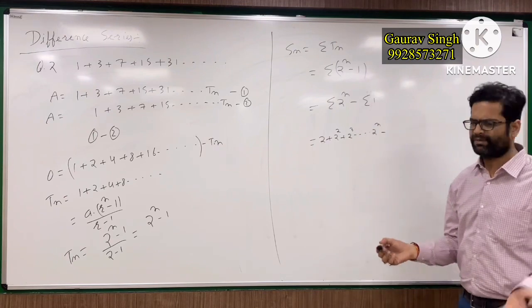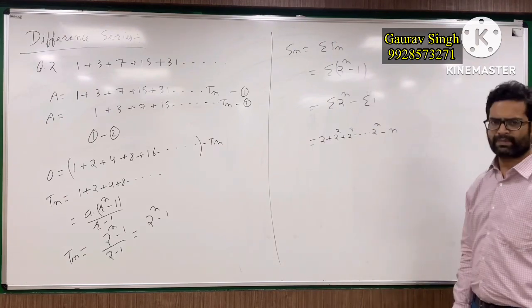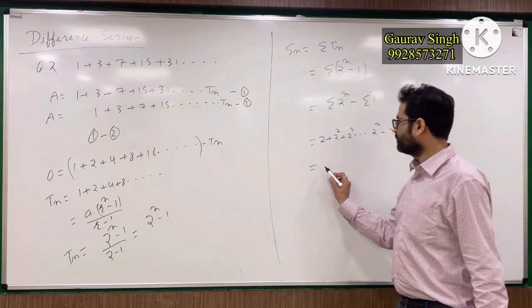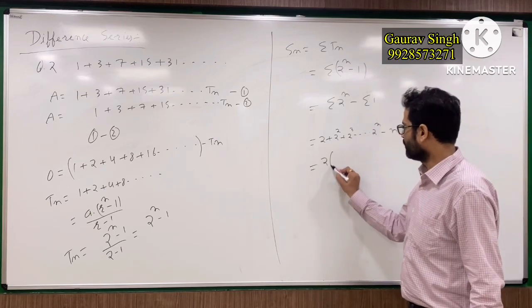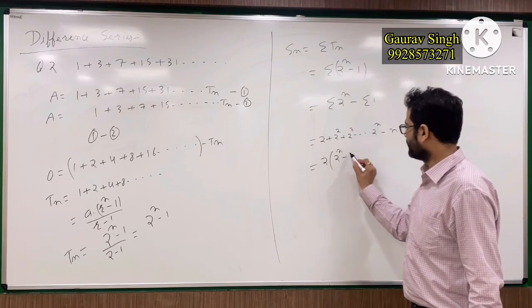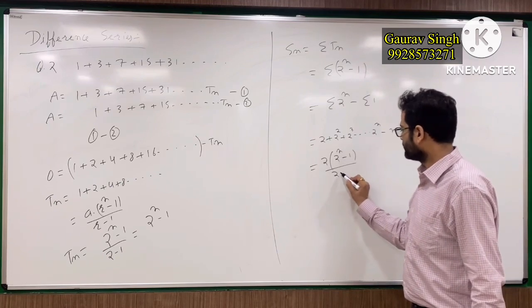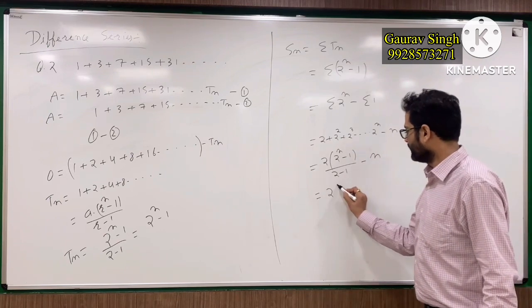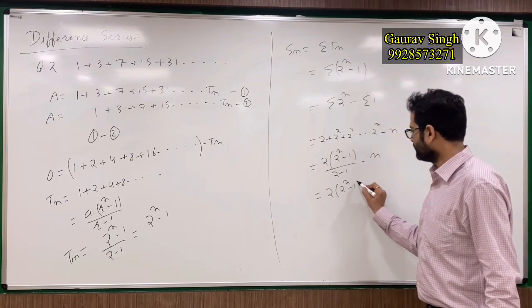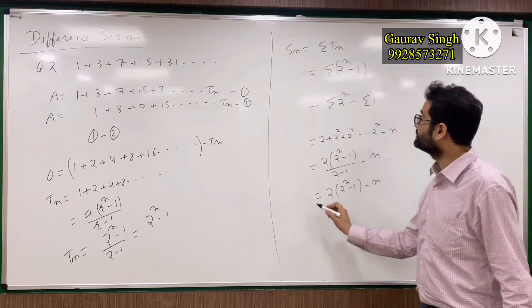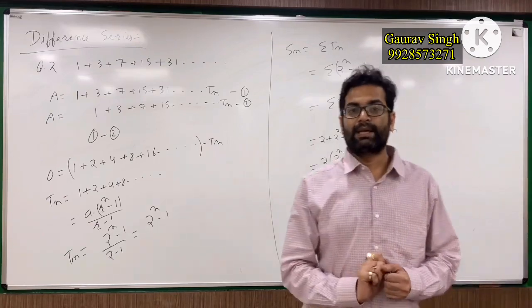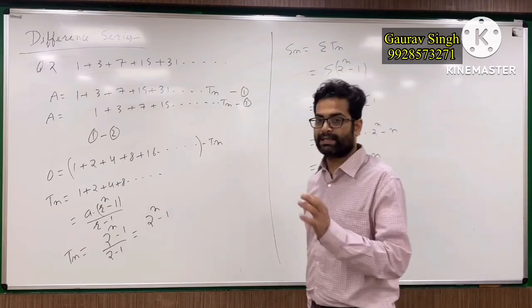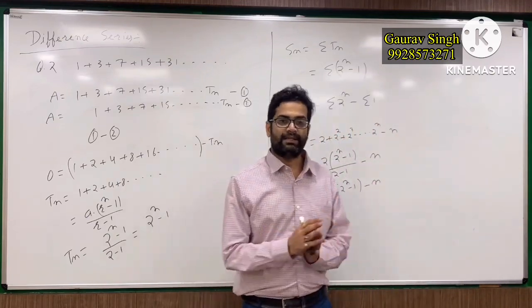And summation of 1 we all know is n. This is also a GP. So we find the sum of the GP is a into r to the power n minus 1 upon r minus 1, minus n. So we get 2 into 2 to the power n minus 1 minus n. This is the answer for this series. So this is the way to solve the difference series, and this is the difference series.